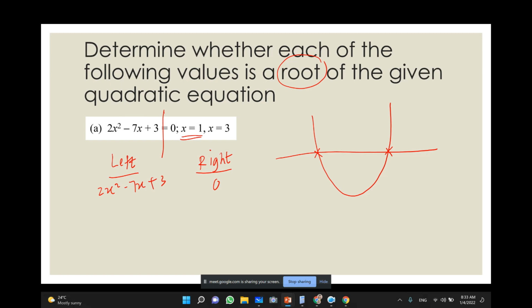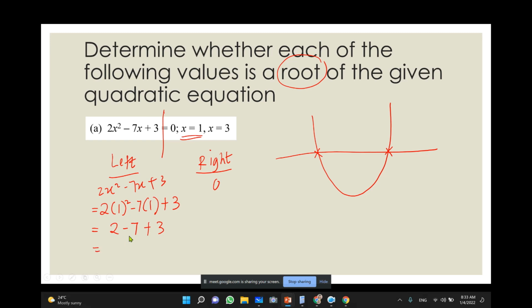Okay, hold on. x equal to 1 is here. So continue. This is 2 times 1 squared minus 7 times the x equal to 1, right? We substitute it as 1. So 1 squared is still 1. 1 times 2 is 2. 7 times 1 is 7, plus 3.